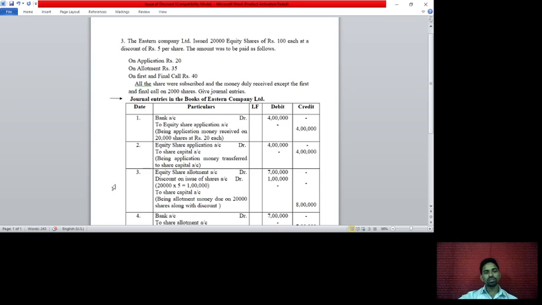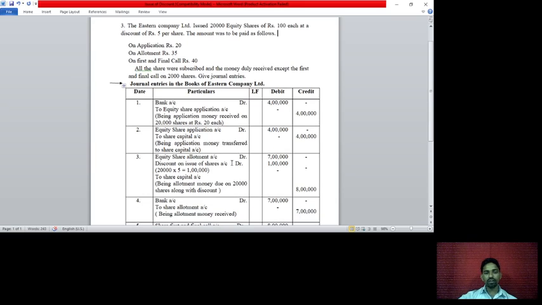Now let's see, on allotment rupees 35. Actually here it should be 40, but 5 rupees is given as discount, that's why it is 35. Equity share allotment account debit rupees 7 lakh, that is 35 into 20,000, which is 7 lakh.